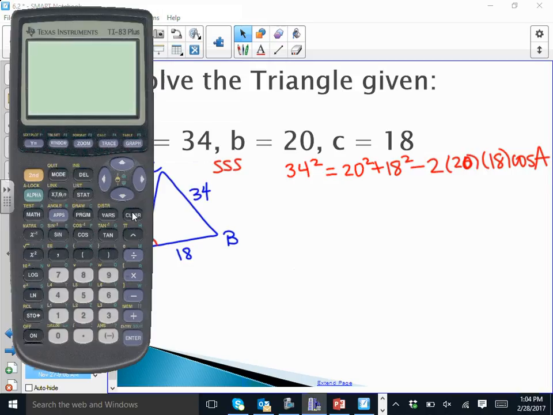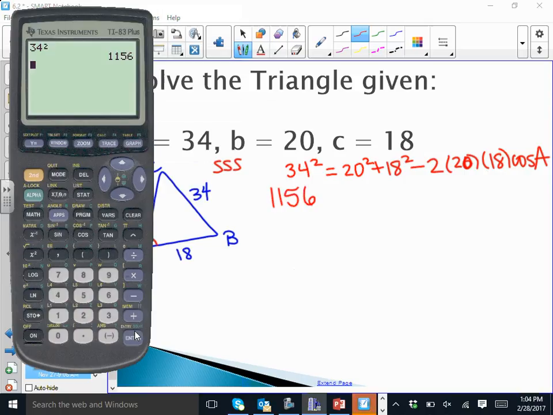What is, let's see, 34 squared is 1,156. We have 20 squared plus 18 squared is 724. And then 2 times 20 times 18, oh, that's not it. Let's try that again. It's 720.